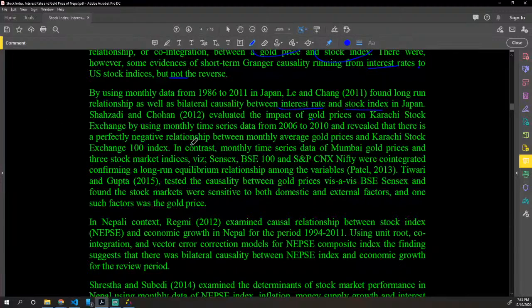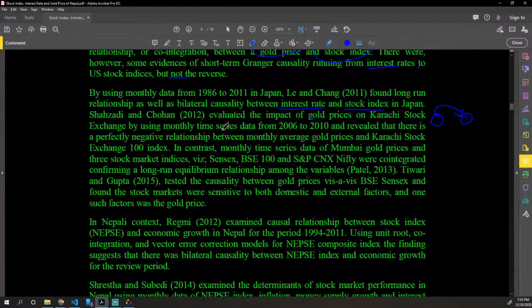Sajdi and Chauhan studied the impact of gold prices on the Karachi Stock Exchange, right? Gold on stock.